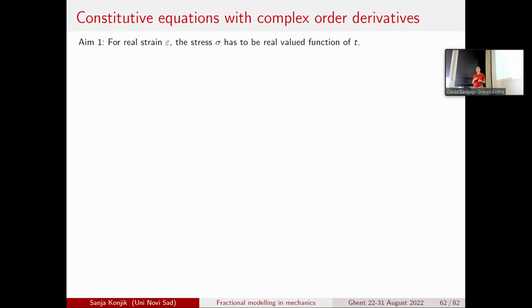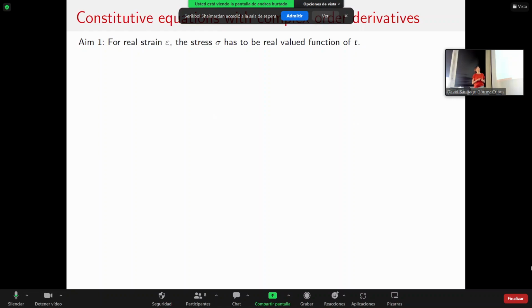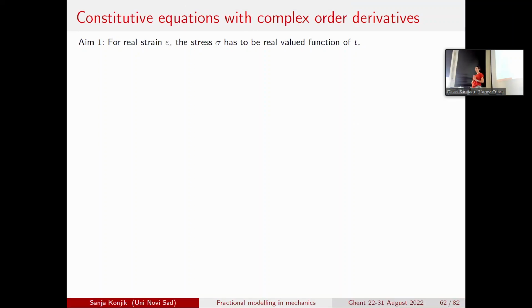But one more thing, when we deal with complex order fractional derivatives, which we have to care about is, once you apply a fractional derivative of complex order to a real valued function, in general we will obtain a complex valued function. And that is something which we would like to avoid.